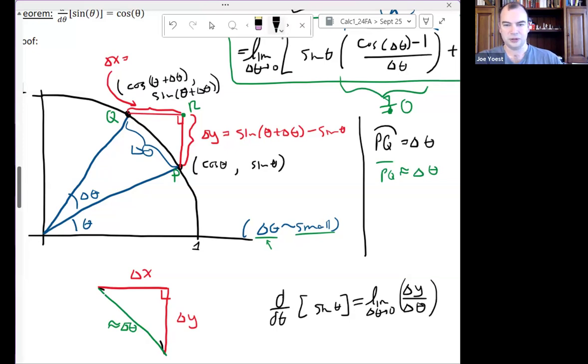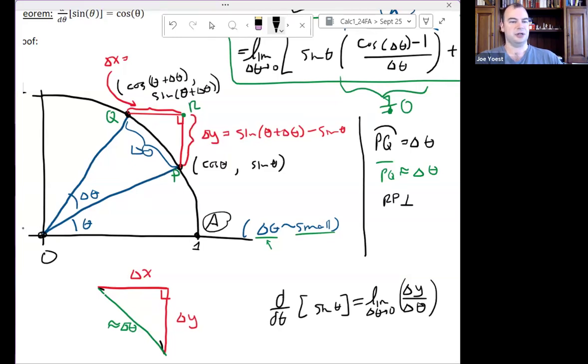What else do we know? We know that RP is perpendicular to, here is the origin. Here is a point that I called A over here at 0, 1.